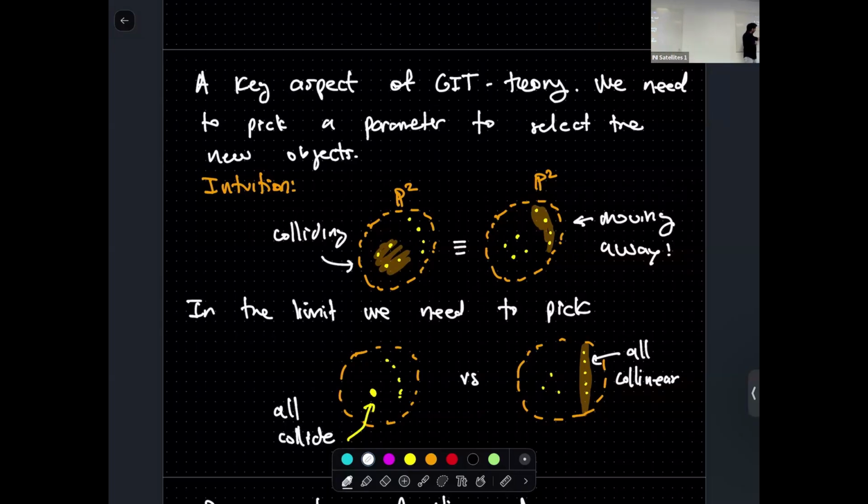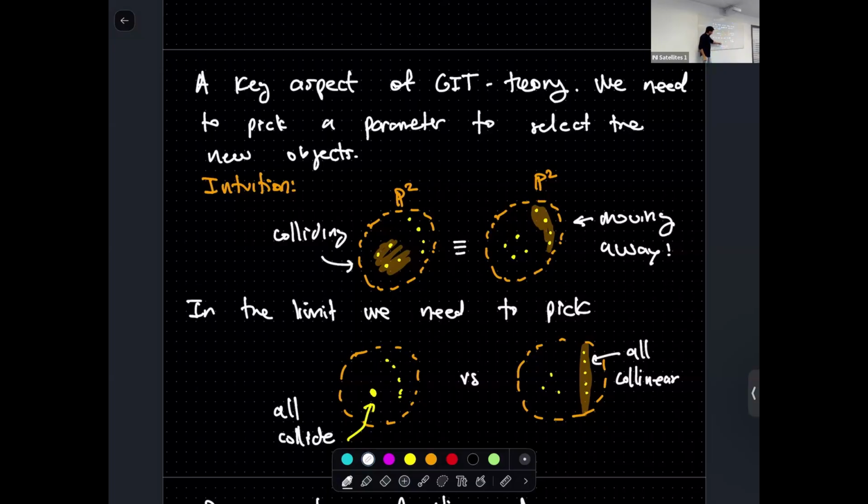Imagine that you're in P2 and you have a collection of points right next to you, and you have another point far away. You also change your coordinates. You have two perspectives which are the same because you can do a change of coordinates. You can say all these points are going to collide, and then for you these points are not moving, but these ones are colliding into a single point.